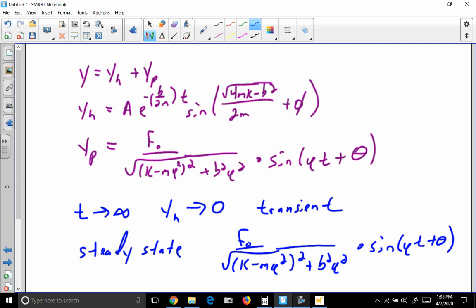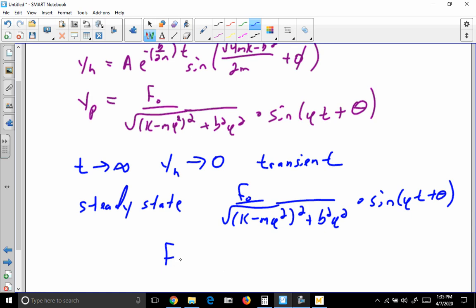Remember that our external force that's driving this is f naught cosine gamma t. So gamma is related to that external force that's driving the system, driving the oscillation, whether it be a sound wave driving vibration, whether it's something pushing and pulling on a spring.